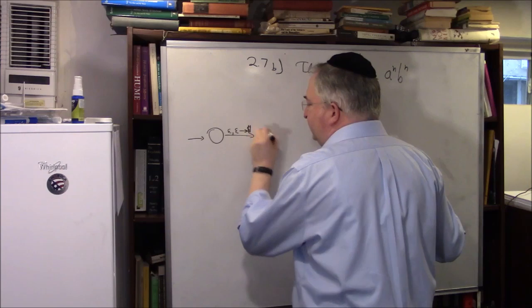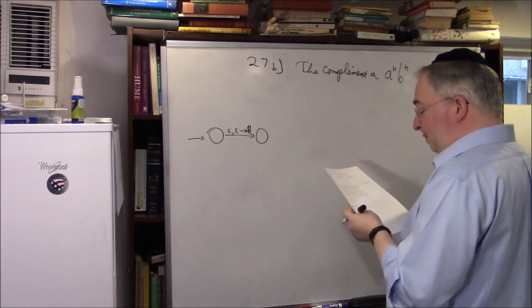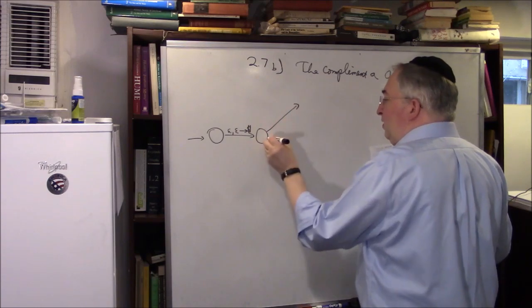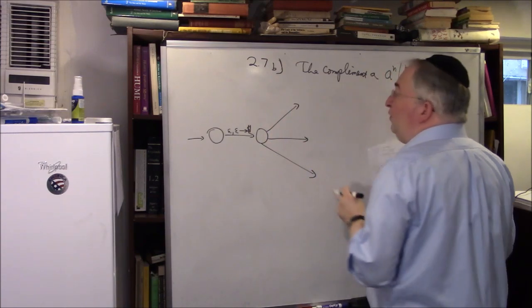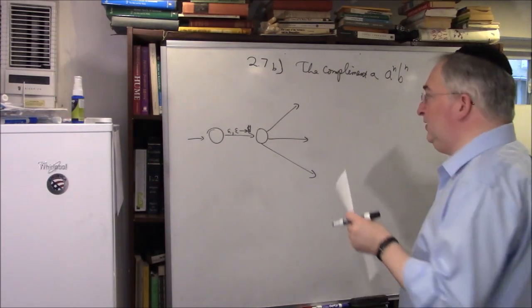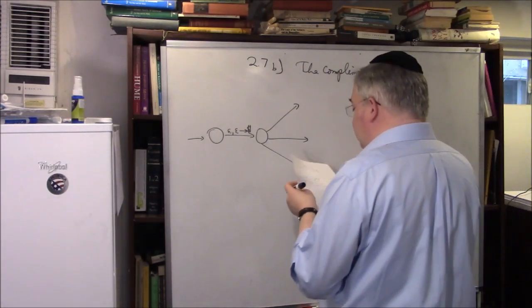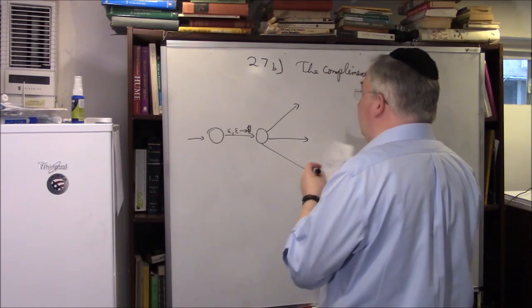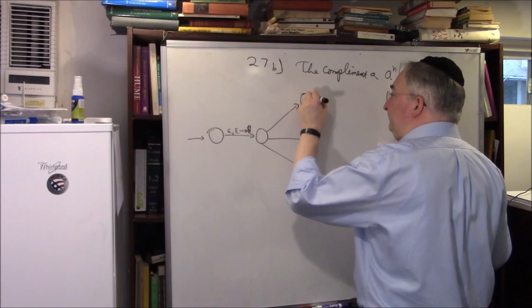First put down a $. And then there are 3 possibilities, because there are 3 possibilities to be in the complement. So the first possibility is as follows. There are more A's than B's. I'm going to do that as follows.